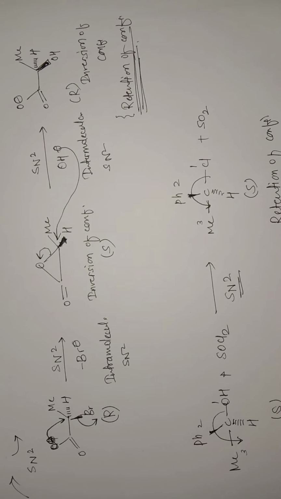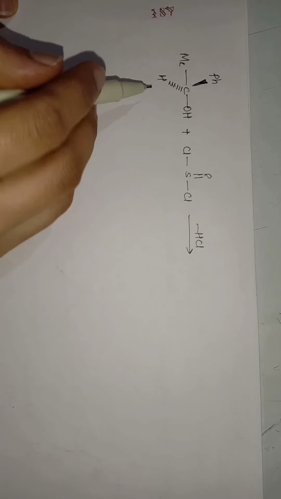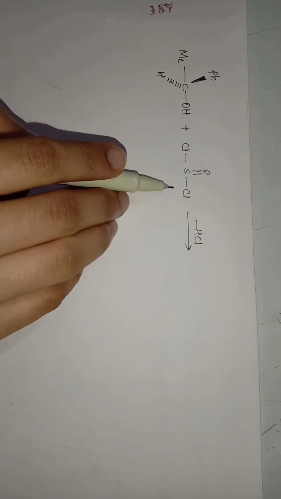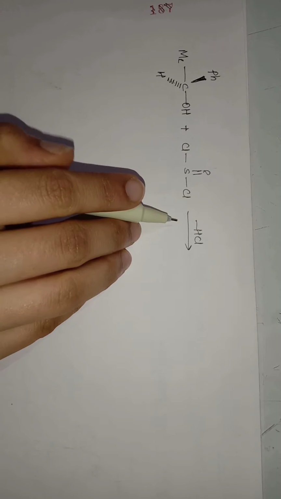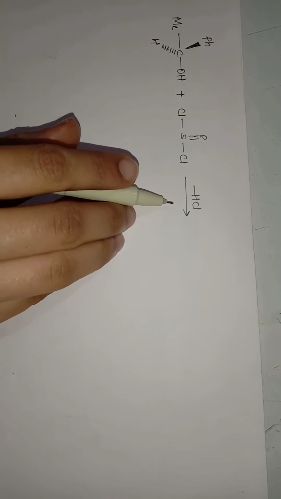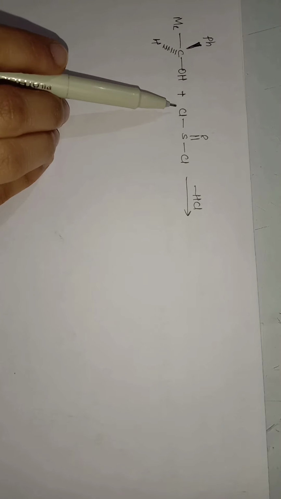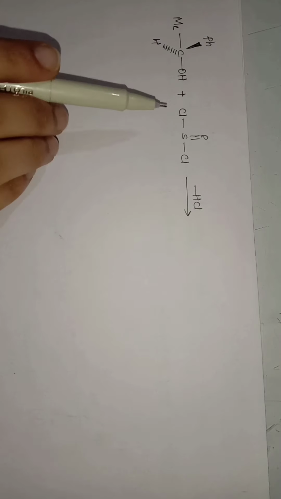Let's see its mechanism. We have this compound, and when it reacts with SOCl2, after elimination of HCl, in a normal chlorination reaction, as OH is replaced by a chlorine atom, it would be a normal SN2 reaction, but it is not acting like this.